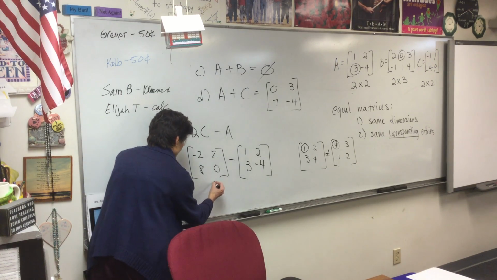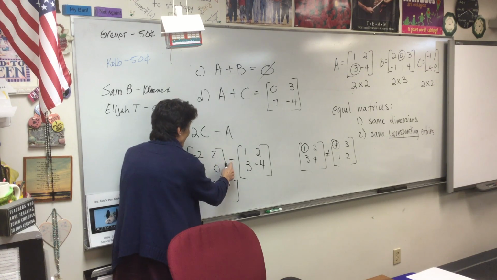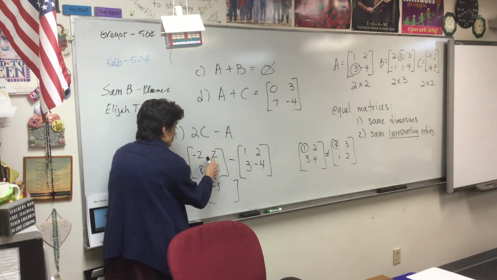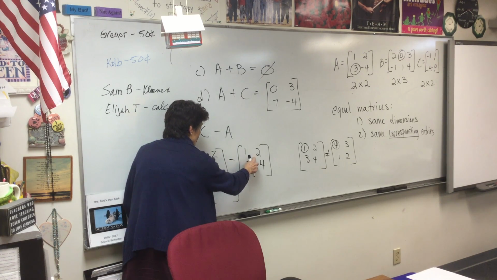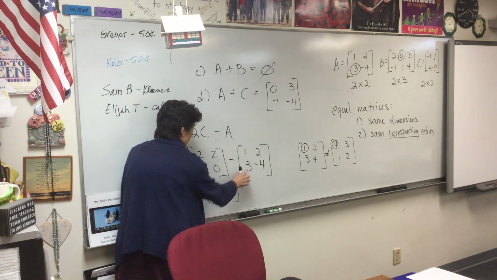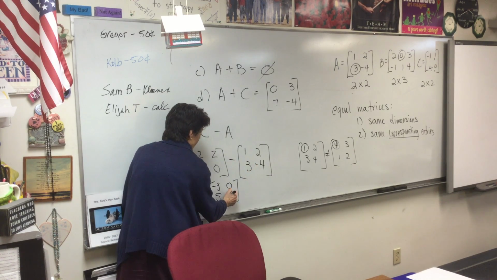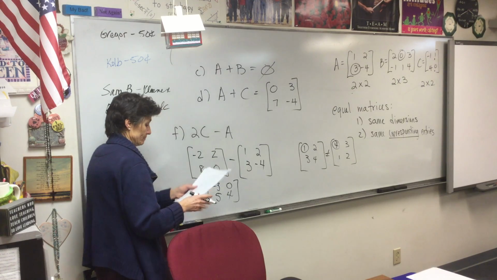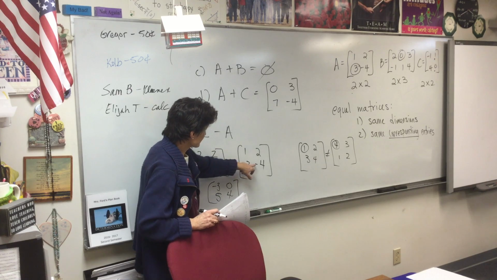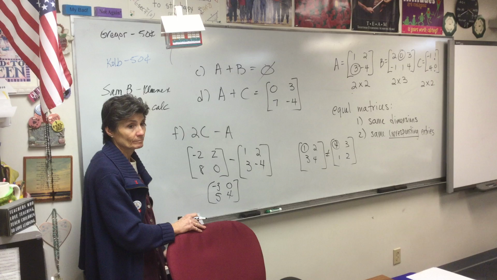What do you think the answer is going to be? -2 minus 1, -3. 2 minus 2. 8 minus 3. 0 minus -4. There's your answer. Minus negative, yeah. 0 minus -4. Yep. Remember, you're subtracting.